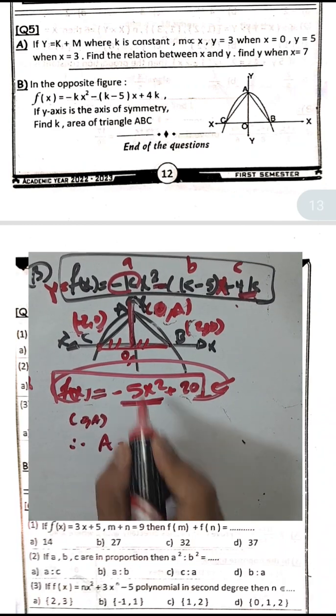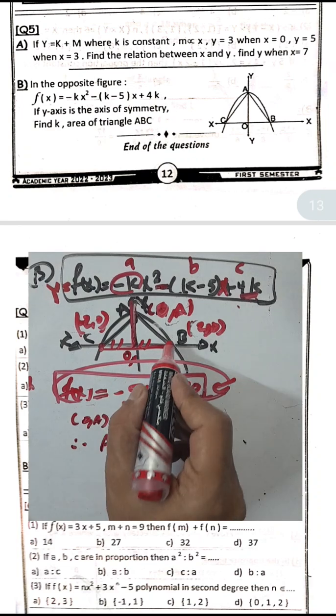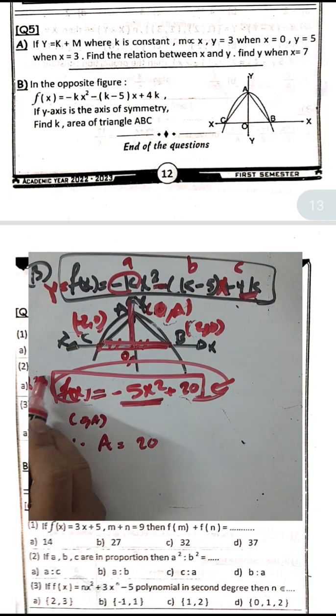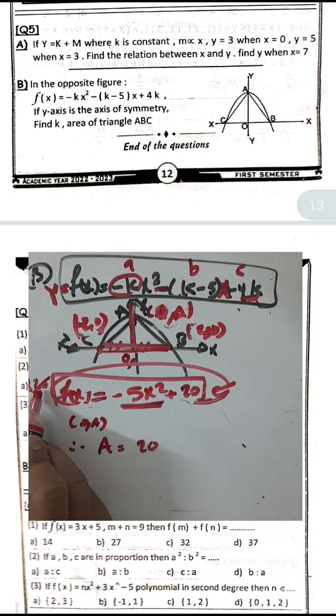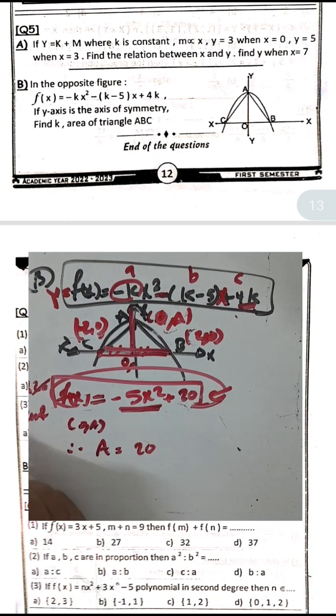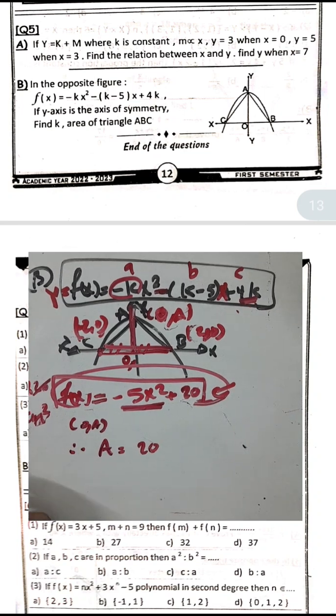Then the point here will be 20. Then the base will be 4 and the height will be 20, and the area will be half times 4, which is 2, times 20, it will be 40 square centimeters. It's the area of the triangle.